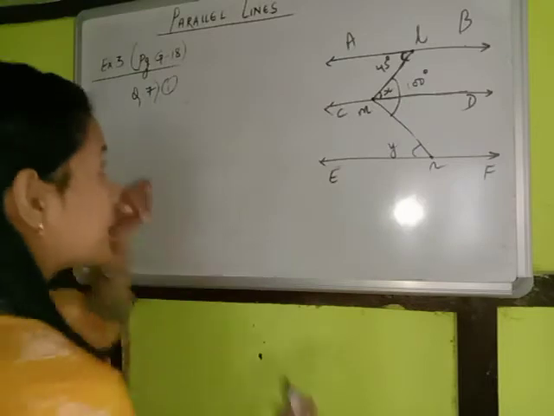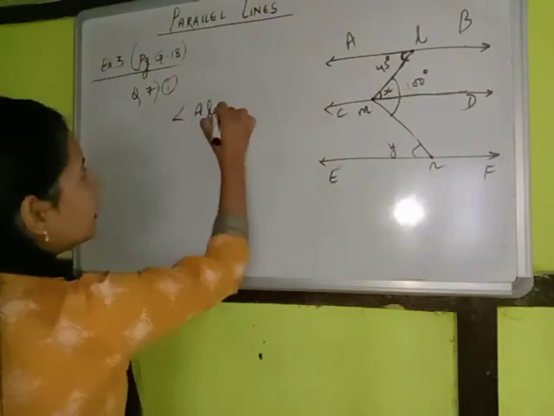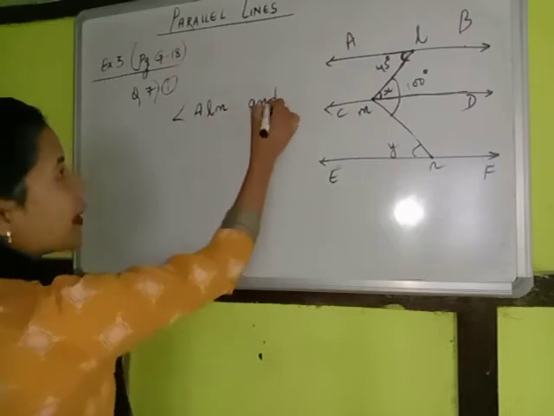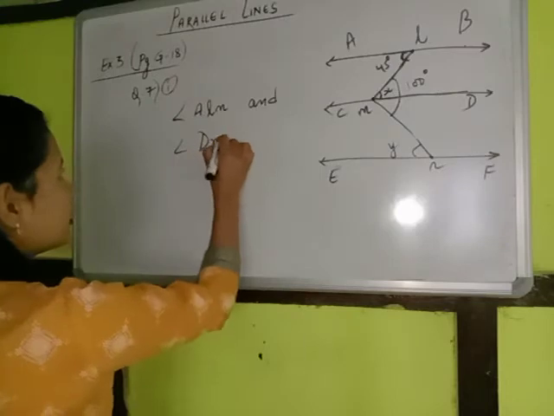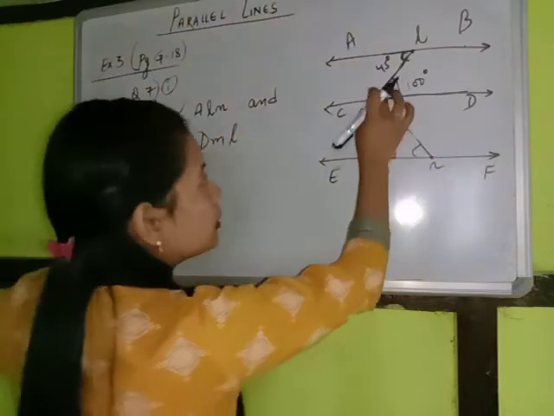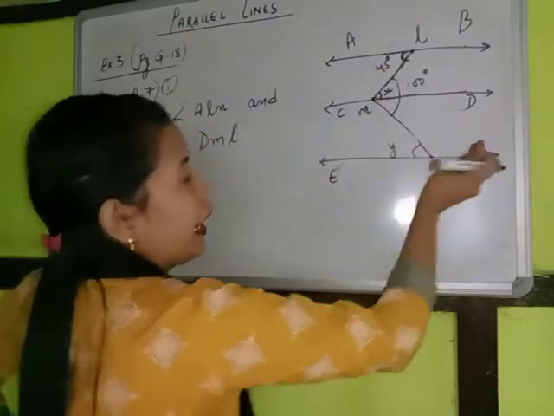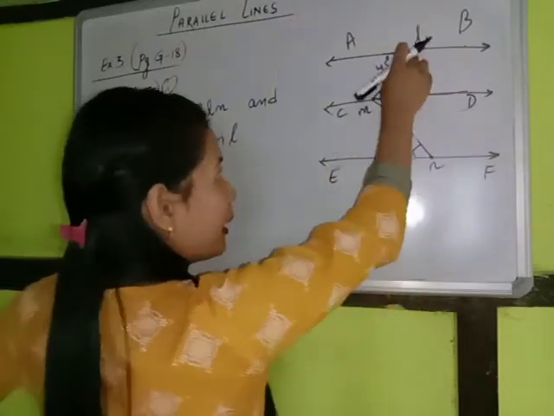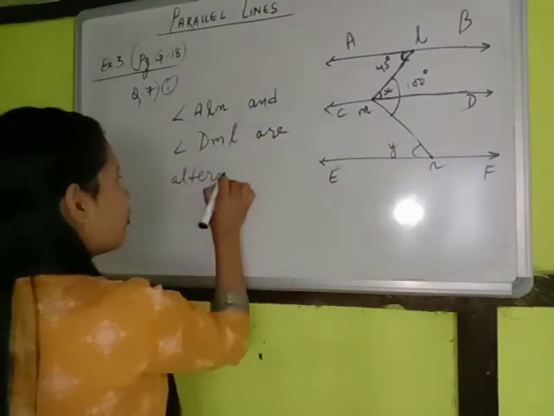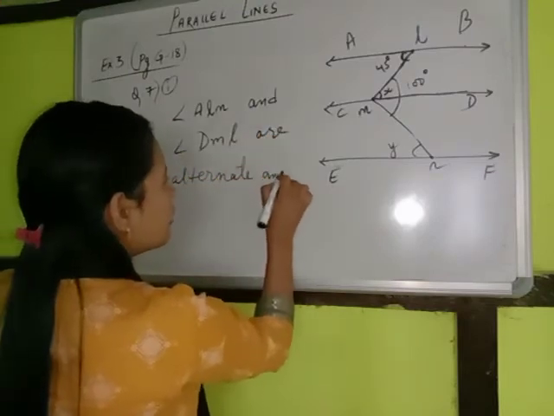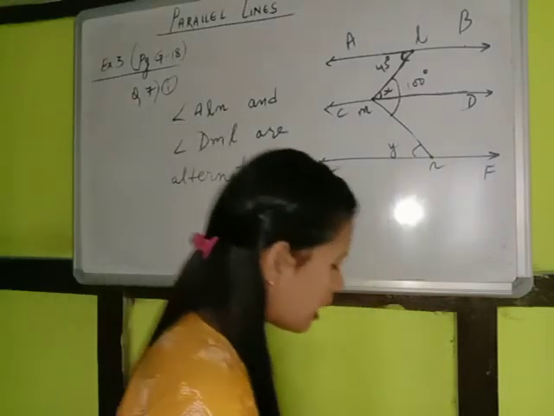Okay, so here if you see angle ALM and angle DML. See, I'm naming these 2 angles, this angle and this angle. Okay, so angle ALM and angle DML are alternate angles. Okay, so if the angles are alternate, then their measurements are equal.